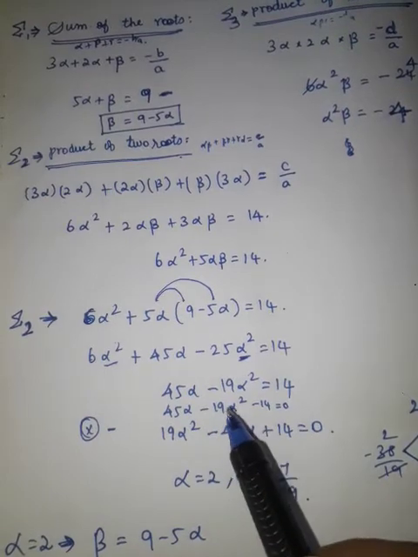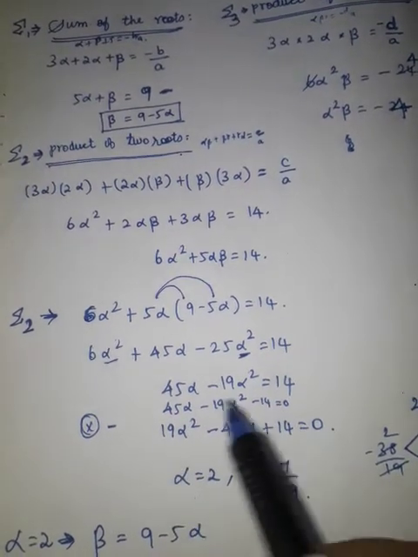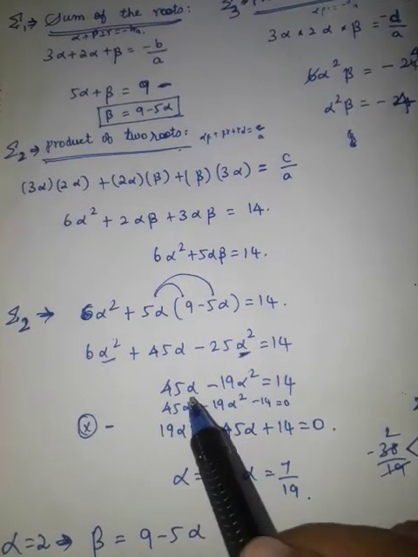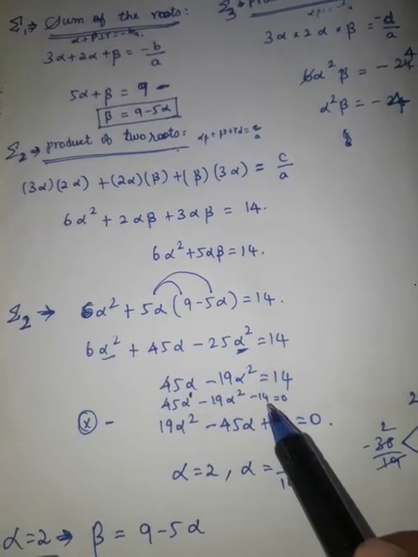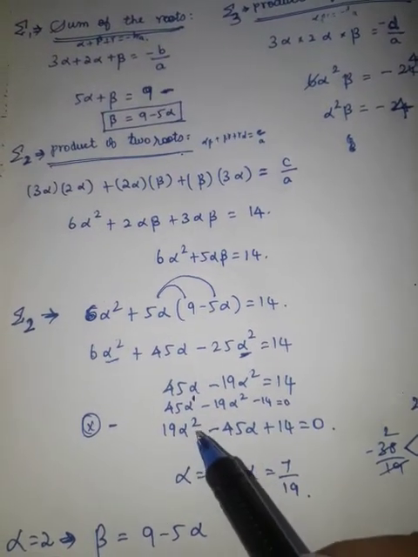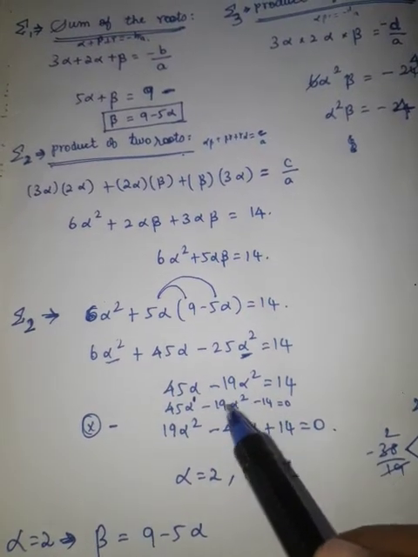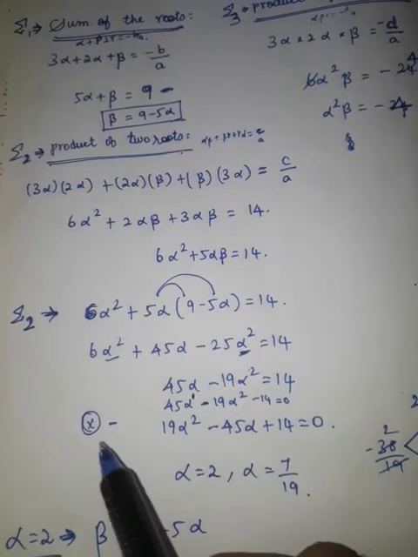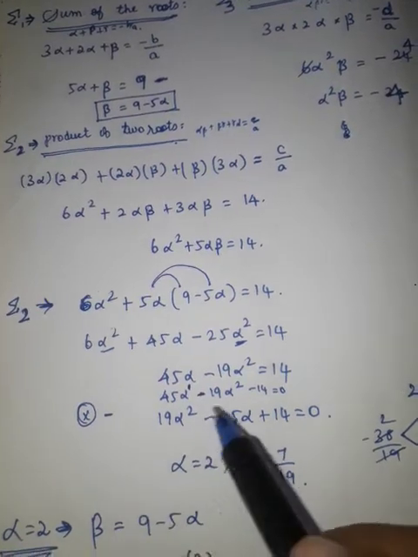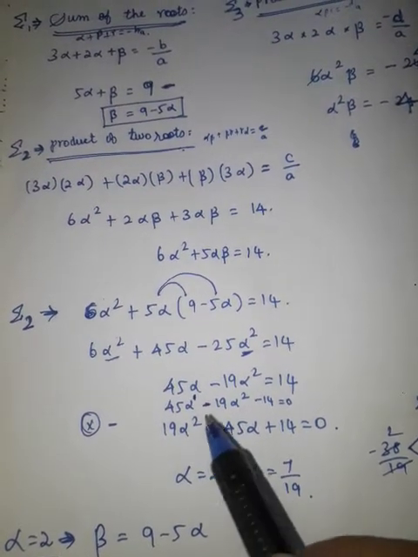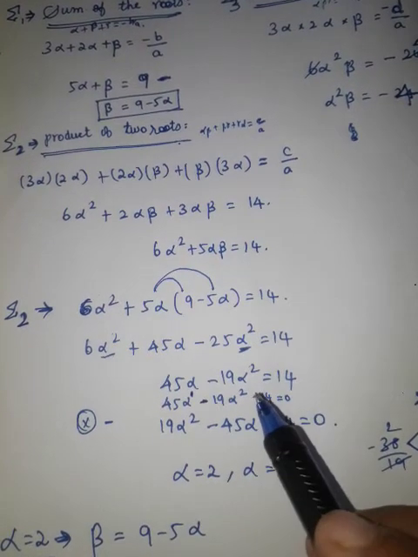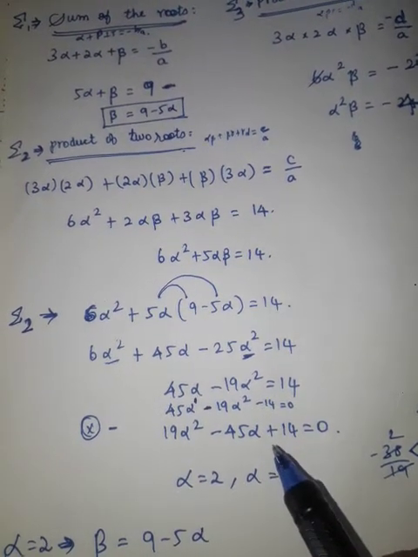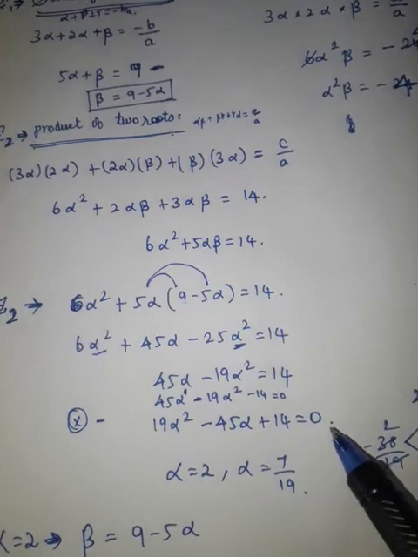So this is forming a quadratic equation, with alpha square as the variable term and a constant. Since alpha square has a minus sign, we multiply by minus. So 19 alpha square minus 45 alpha plus 14 equal to 0.